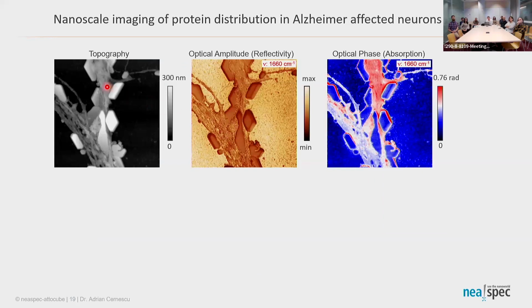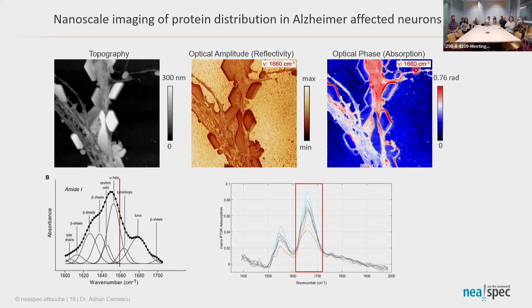This is the topography map, and you can see some dendrites, but at the same time, some crystals from the buffer. And on the right side, these are the reflectivity and absorption maps at 1660 wave numbers. This is exciting the amide 1 band, the alpha helical secondary structure of the proteins.